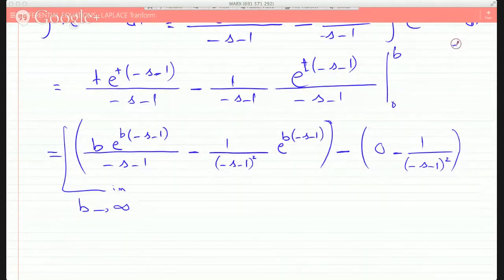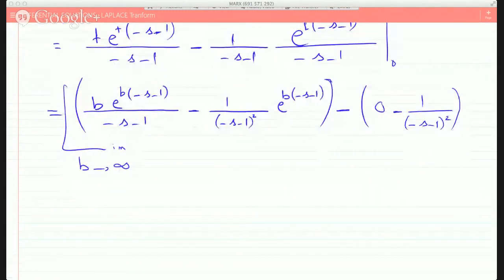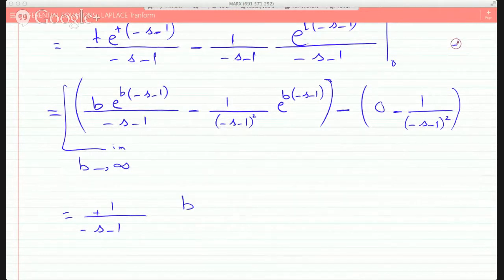Now I could rewrite the first term, make it positive, as b over e to the b times s plus 1, and then we take the limit of this as b goes to infinity.